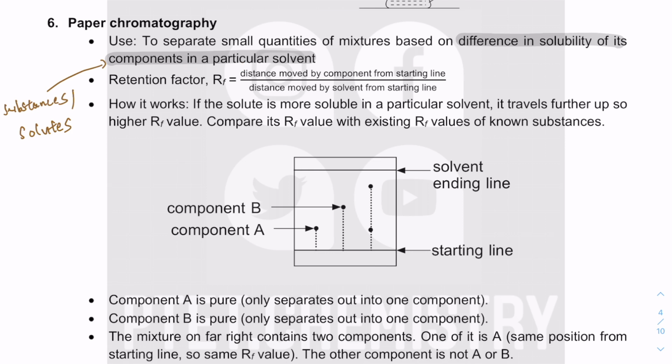It's to do with the difference of solubility of those substances in that particular solvent. So you could be dissolving the stuff in water, but we are talking about the solubility of those substances in that particular solvent. All right, so this is an example of a chromatogram.